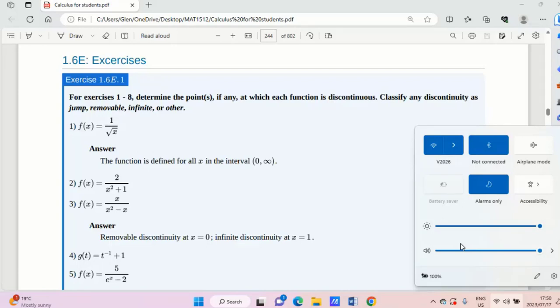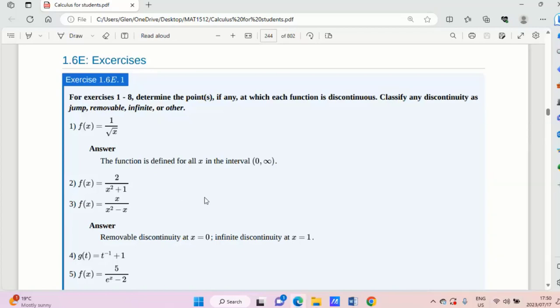Now let's look at number 3. Anyone who disagrees with number 3? Oh, sir, question. Yes. So this graph is discontinuous at 0 and also at 1. Okay, where are you?